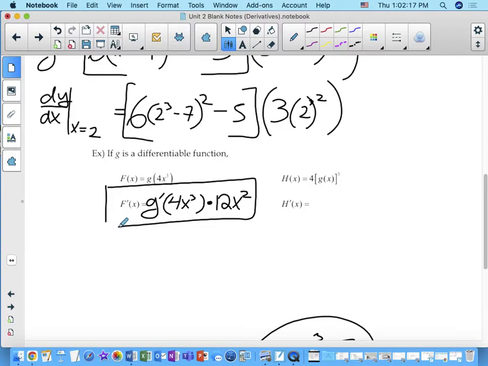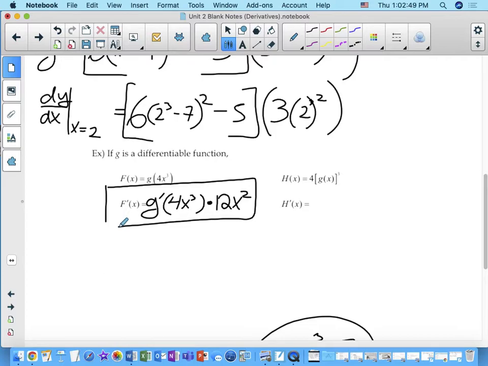So we can't actually come up with a function because we don't know what g of x is, but we can come up with the derivative of f of x in terms of g of x. And similarly, if g is a differentiable function and h of x equals 4 times g of x cubed, well, now it's the other way around. g of x now is not the outer function, it's the inner function.